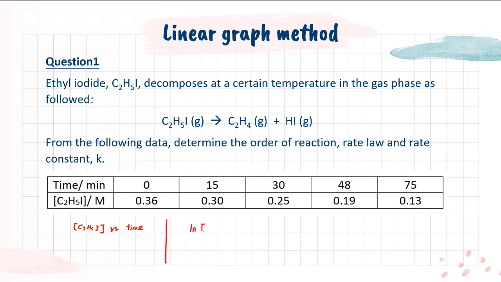Next you want to plot for first order, so see if you can get a straight line graph. That will be ln concentration against time. And then you need to plot the third graph, which refers to second order, which is 1 over concentration against time. So plot 3 different graphs to see which one gives a straight line.